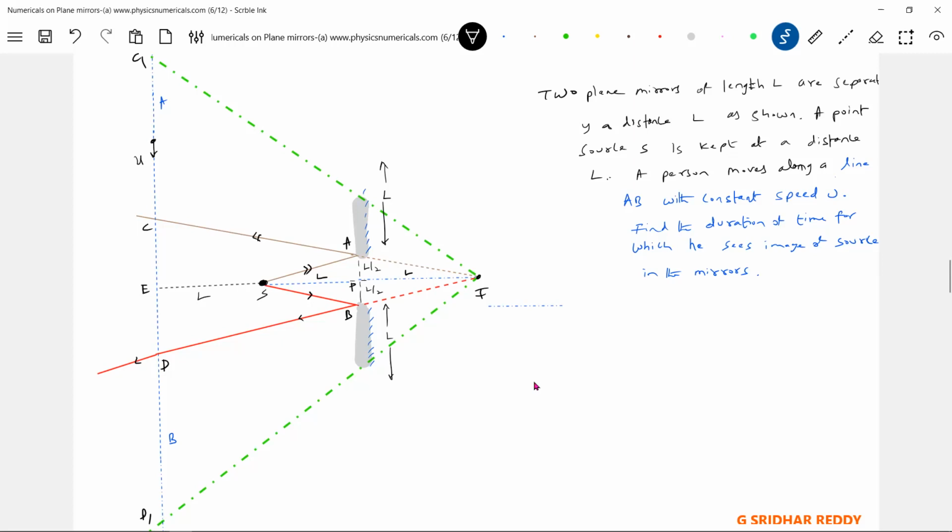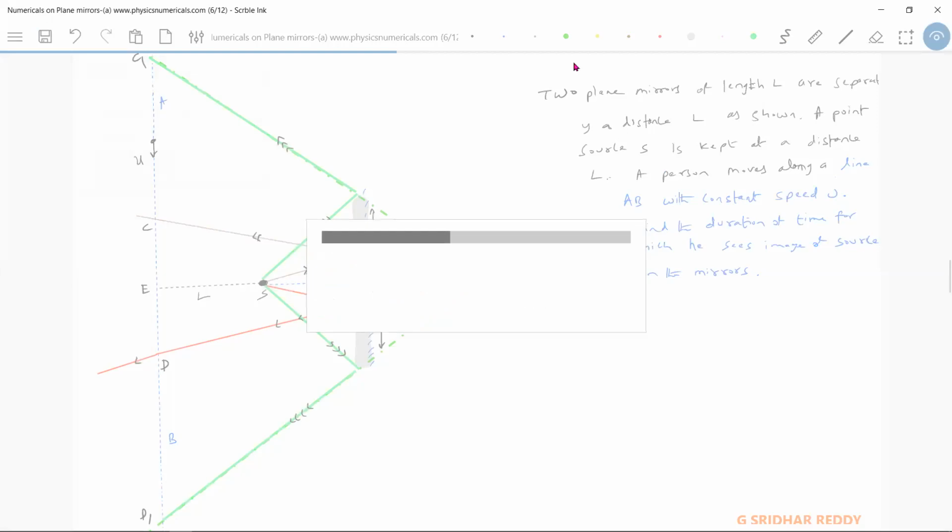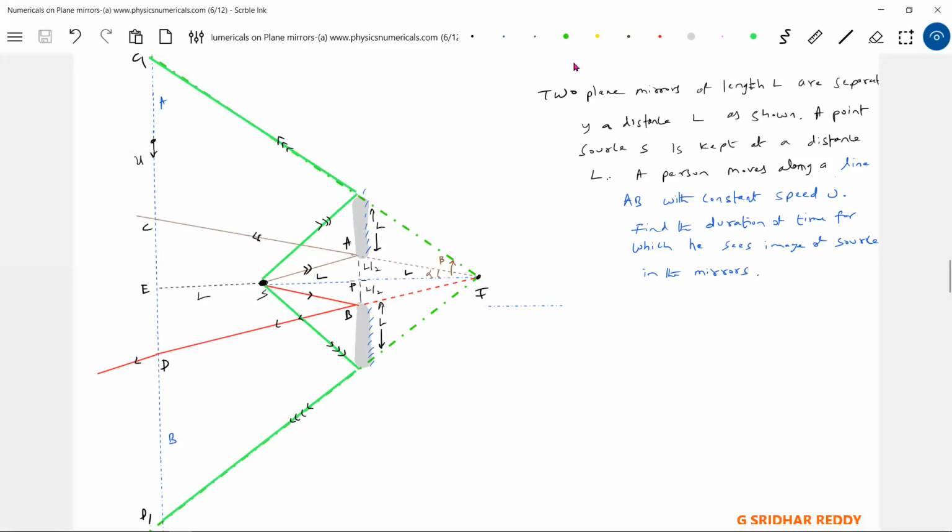So finally I'm able to get a better diagram. He's asking this distance C1D1, for what time the person will see the image of source. So what is the field of view? This is the field of view. So we have to calculate C1C and DD1.